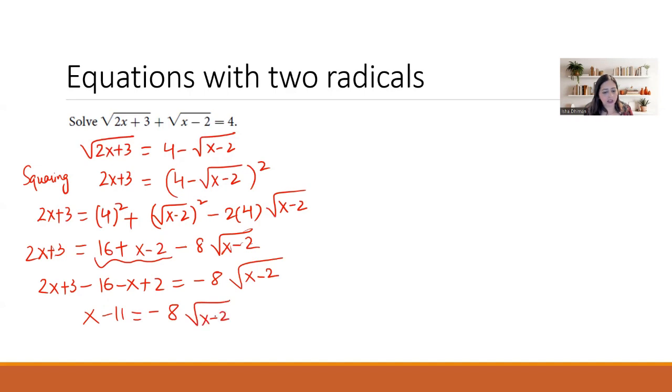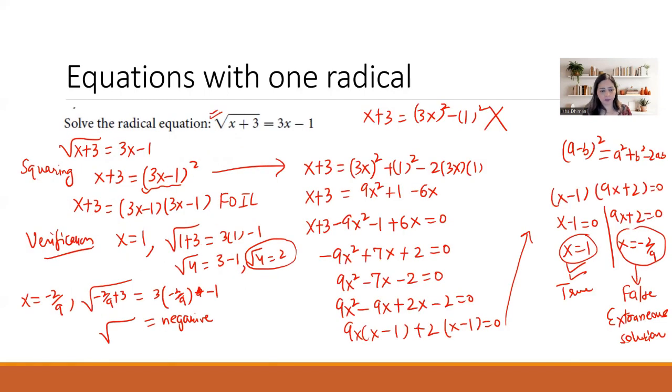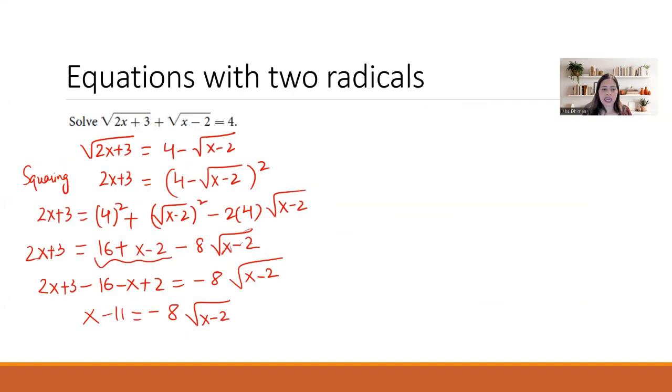Now you see what's the difference between this type and the previous type. In the previous type, once you did this squaring, you were completely free from radicals and you just got a quadratic equation, and we already know how to solve a quadratic equation, and then the verification. But here, because there were two radicals present, squaring one time will not get you completely radical free.